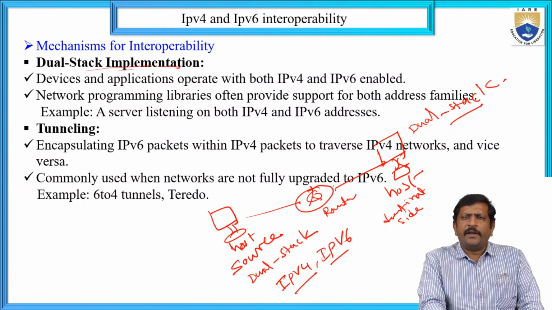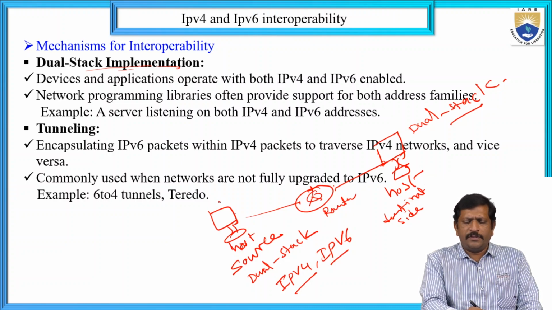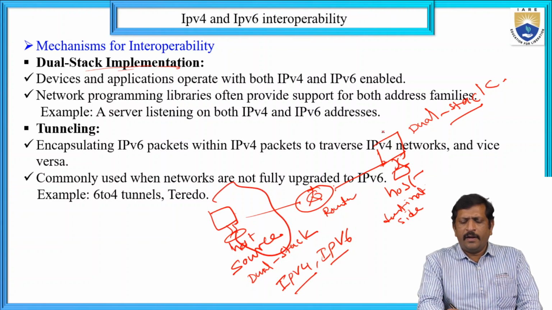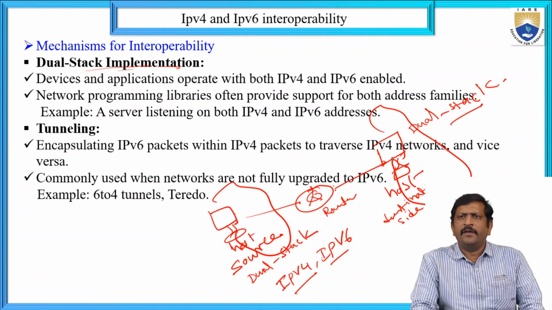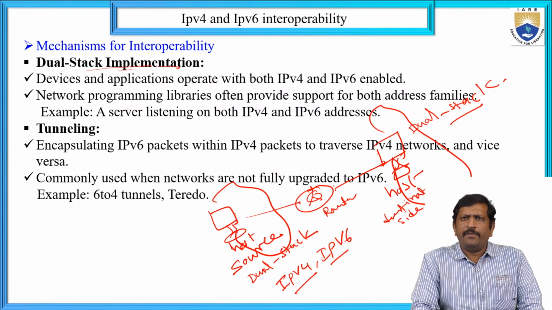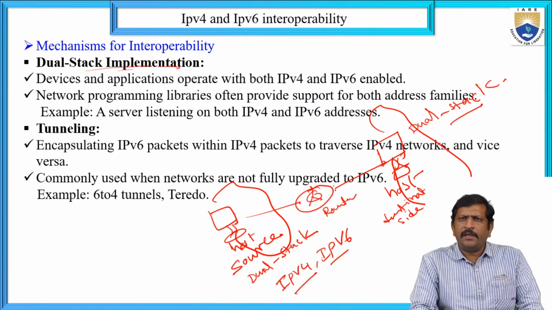That's why the network programming libraries provide support for both address families. So the source side network and the destination side network provide support for IPv4 and IPv6 addresses. A server listens on both IPv4 and IPv6 addresses.